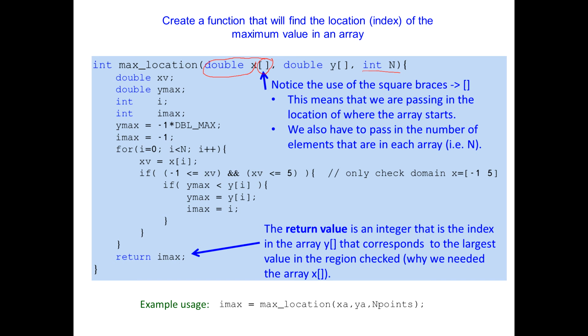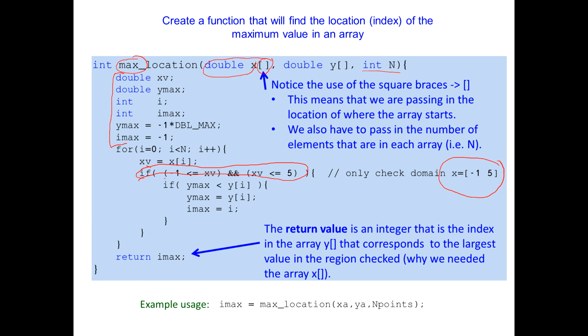Alright, okay, so here we essentially have our variables that we've used last time, where we can keep track of the min and max. Okay. Notice here we're only concentrating on the max value. Okay. So we're going to go through all the values again. We pass in the x array because again we want to check over a specific interval. Okay, so we're only going to worry about the interval in x from -1 to 5.